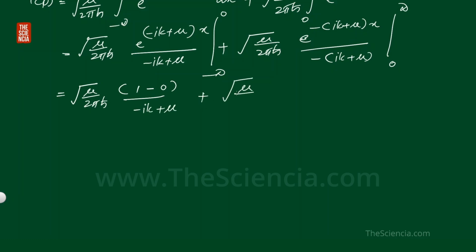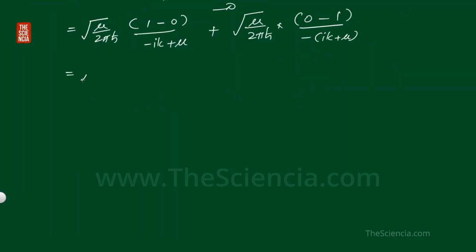Plus the second term, root mu by 2 pi h cross, into the upper limit: when we substitute infinity, e raised to minus infinity is 0, minus the lower limit 0, where e raised to 0 is 1, divided by minus ik plus mu.